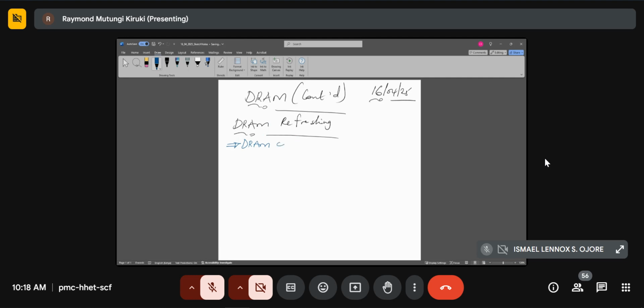The DRAM cell is refreshed each time a read operation is performed.